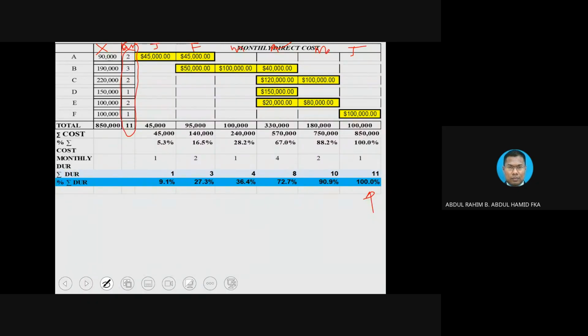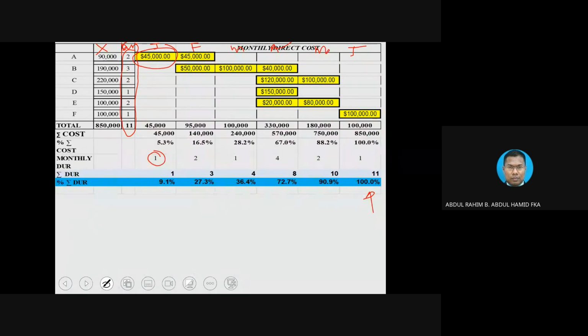Again, going through columns and rows. January column here, you need to ask yourself, what are the tasks running? It looks like A is the only one running, and it ran for 1 whole month. So write down there, 1 whole month.